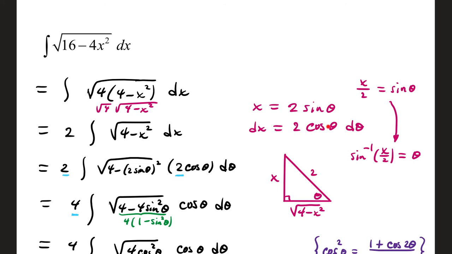The derivative is 2 cosine theta d theta. Coming back to the original problem, we still have this 2 out front. Replace x with 2 sine theta, dx with 2 cosine theta d theta.